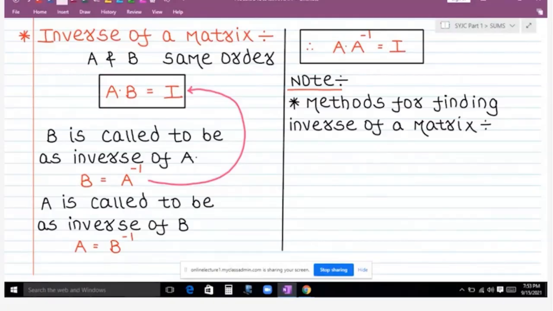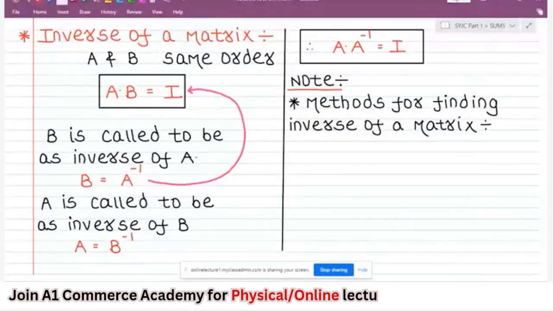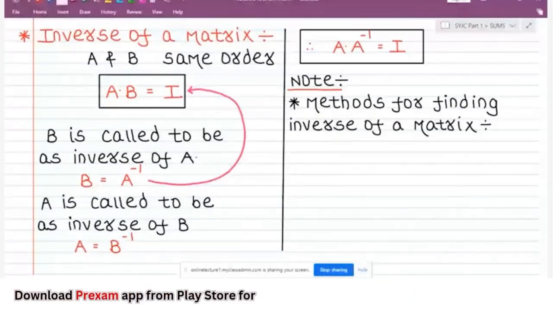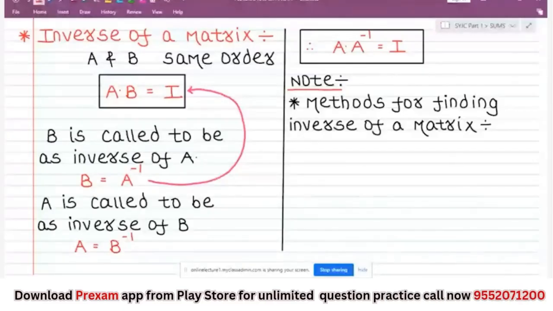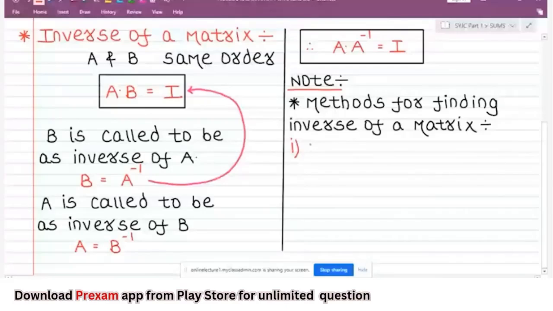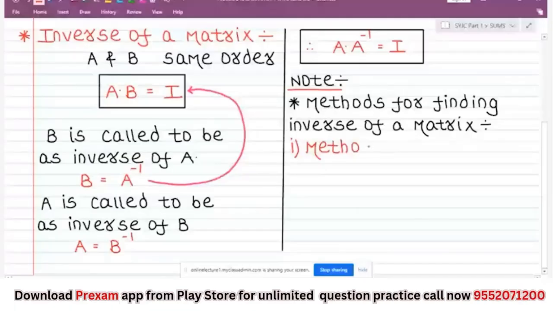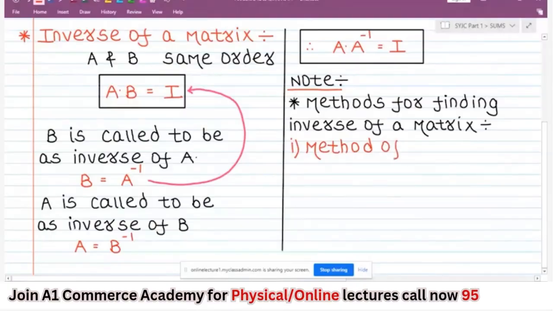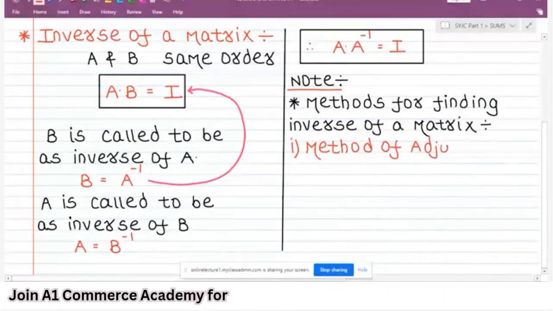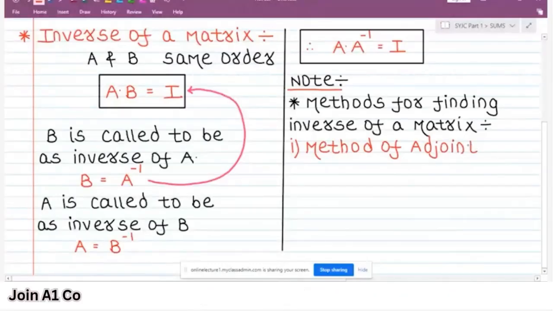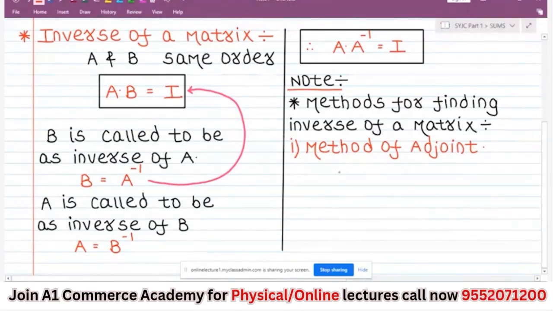And they are number one, by using the method of adjoint.